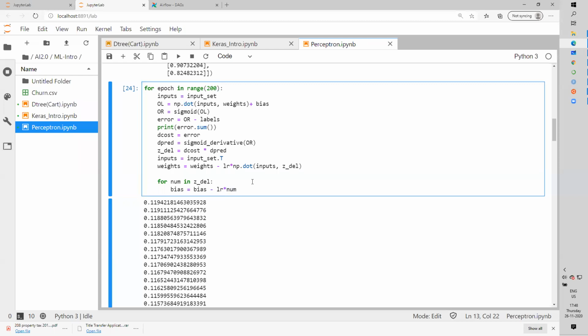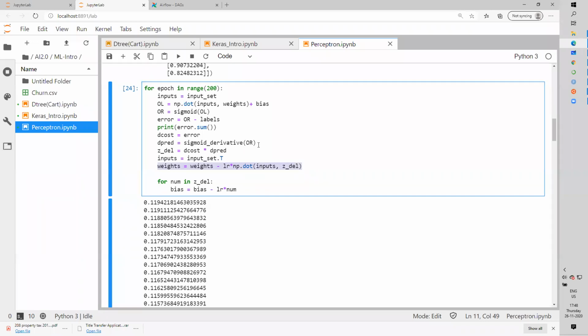And this implements both the forward propagation. Till this point, it is forward propagation. Here we are computing the first matrix and passing that first matrix to sigmoid to generate the outputs. And here we are doing the back propagation.